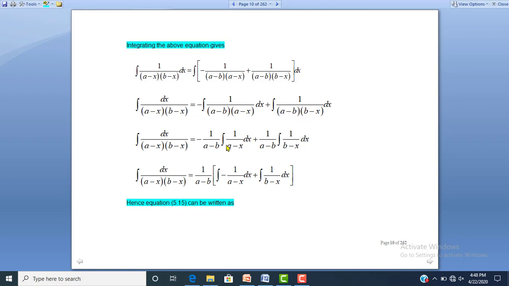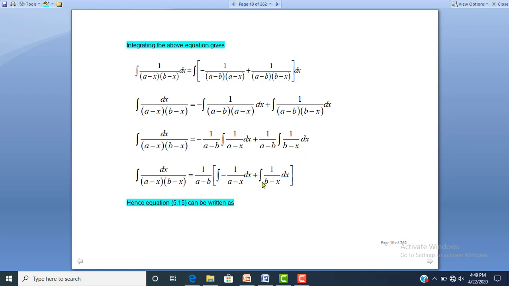So according to the rule of integration, we will take this constant outside the integration. So integration of dx over A minus X into B minus X is equal to minus 1 over A minus B integration of 1 over A minus X dx plus 1 over A minus B into integration of 1 over B minus X dx.